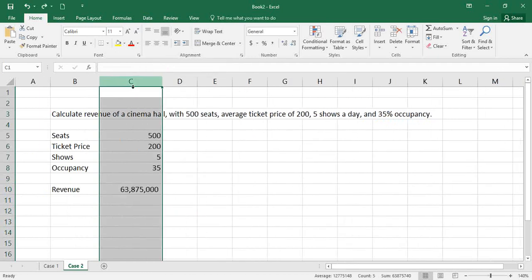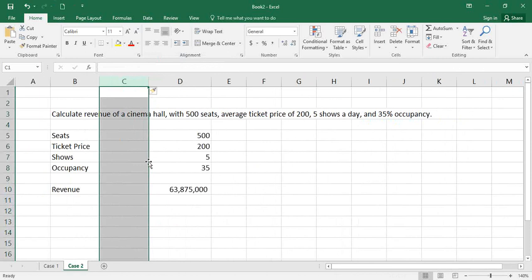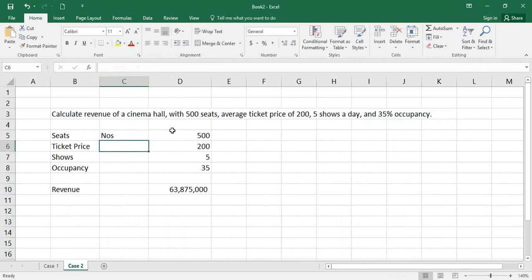We might want to insert a column here. Why? Just to put in the units. Ticket price in what? Is it dollars? Is it hundreds? Is it rupees? Is it just numbers? So we can now put the units and calculate this in INR, right? Even then, it doesn't look good because occupancy is 35%.